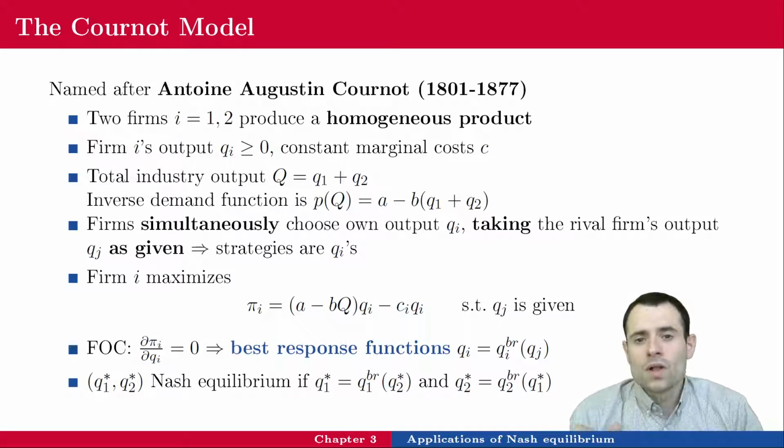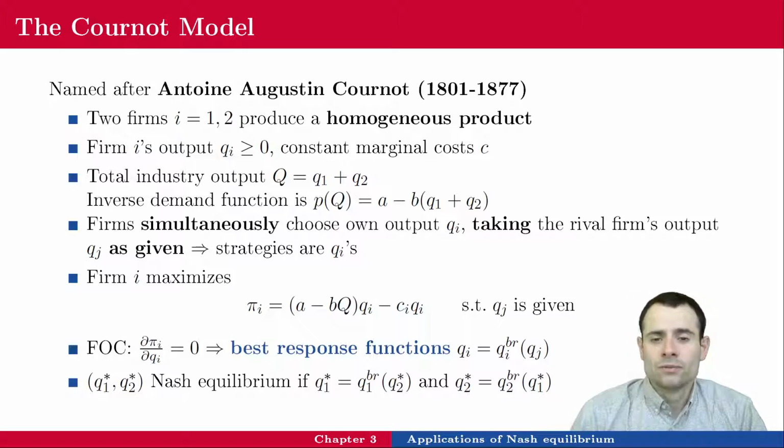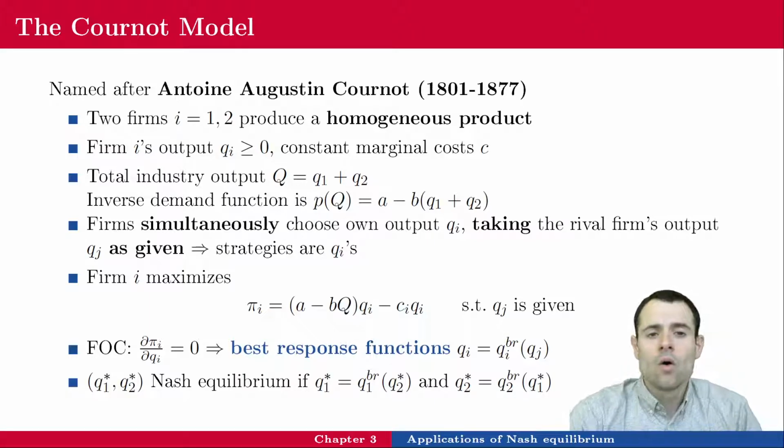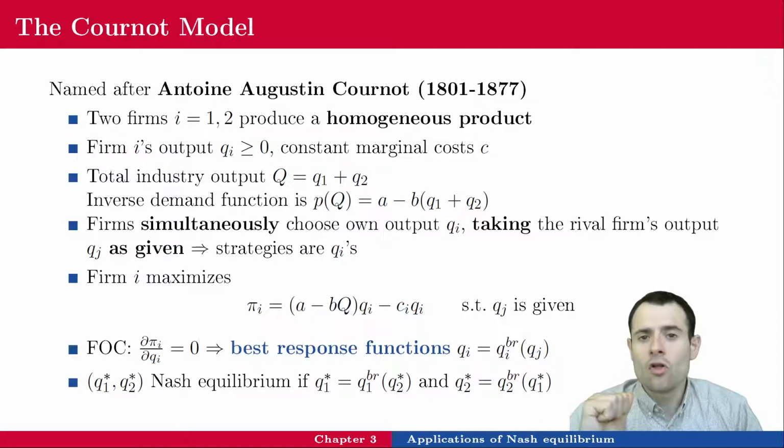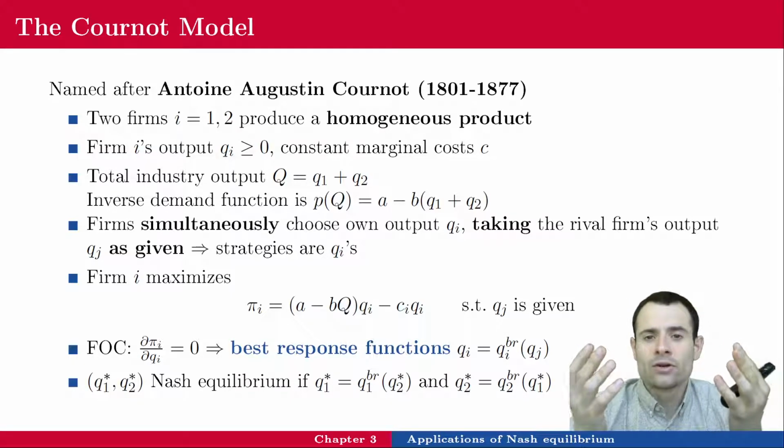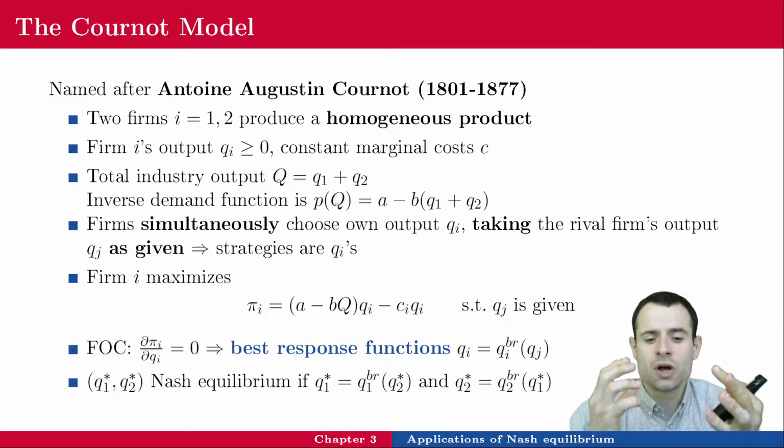Now, once you do this for firm i, you can do it for the other firm. You can do this for i equal to 1, firm 1, or when i is equal to 2, it's going to be for firm 2. Once you compute both best responses, remember, you want to find the spot where both players are playing a best response to each other.